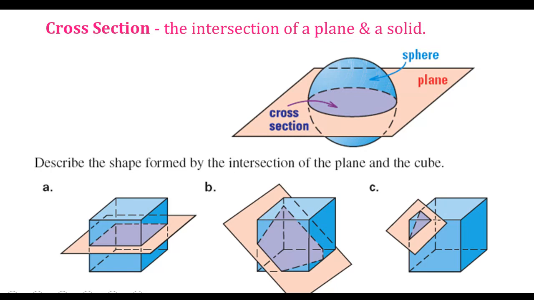Another interesting little tidbit here, and you see this a lot in engineering where you're working with planes, and even at the beginning of the year we talked about planes, where it cuts into a shape. Cross section is what we call that. That little plane is the intersection of a plane and a solid.